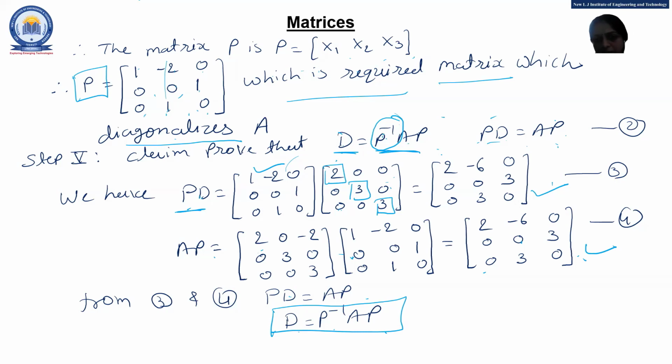Then multiply P inverse into A. Whatever answer you get, you then multiply with P. But if you want the shortcut method, you can apply this method also: PD equals AP. D is the diagonalization matrix. So if you prove the answer of PD is equal to the answer of AP, then you can say that your matrix A is diagonalized, right?